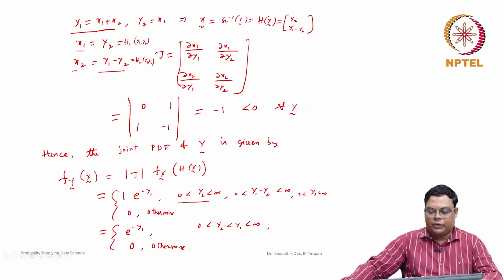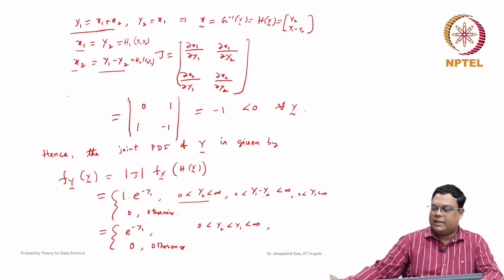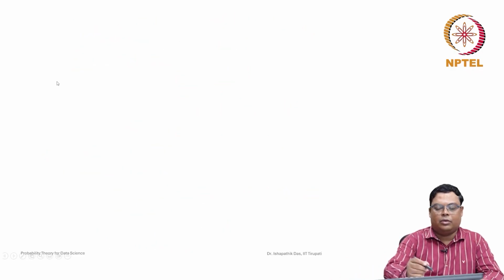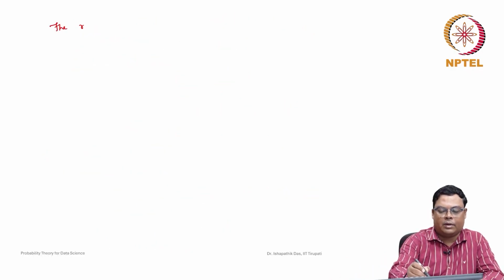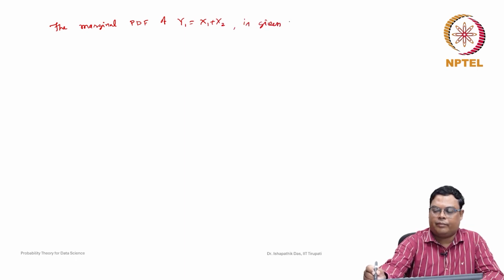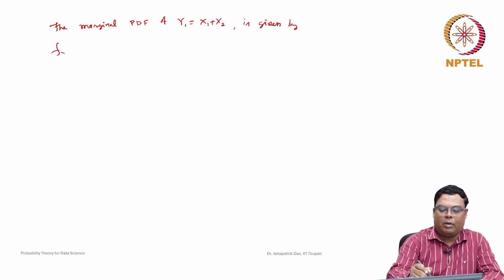So this is the joint probability density function of y. Now we found the joint probability density function of y1, y2, but we are interested in the marginal probability density function of y1, where y1 is x1 plus x2, given by f of y1.